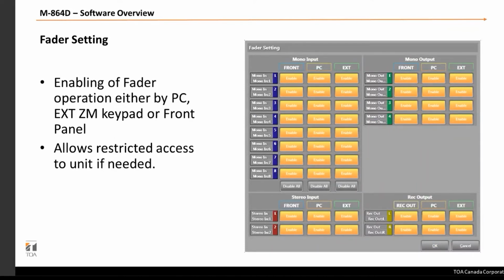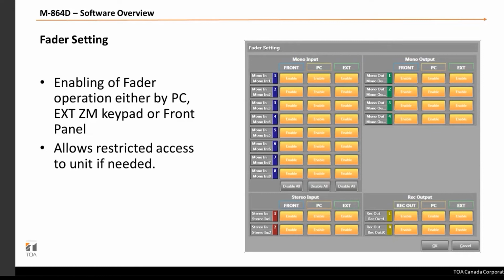So we see here that all the inputs are tagged 1 to 8, and you can enable or disable the slider in the front or the sliders from the PC or external control of each input or output.